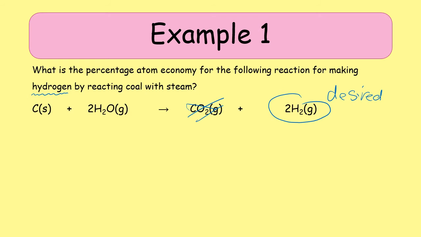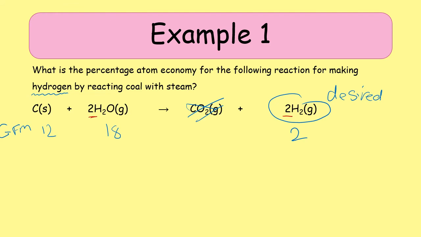So the first thing we're going to do is get the GFM of everything. Carbon is 12, water is 2 times 1 is 2 plus 16, so that's 18, and H2 is 2. Now, if you've got a number here and you've got a number here, you do need to make sure that you multiply the GFM by that number.